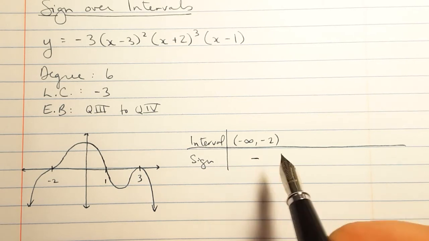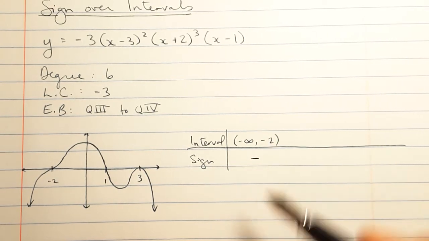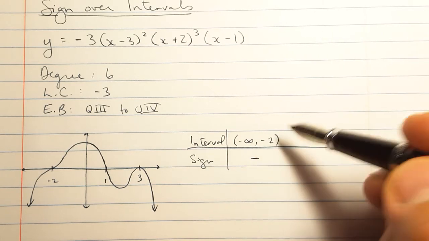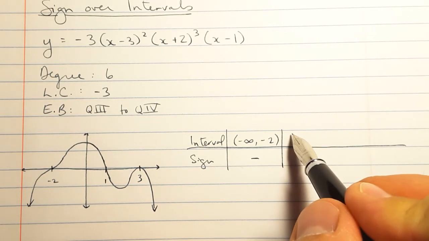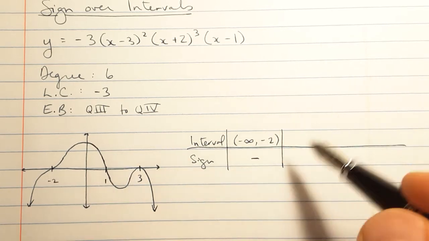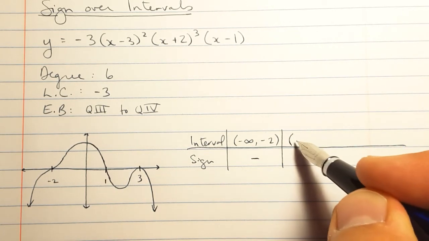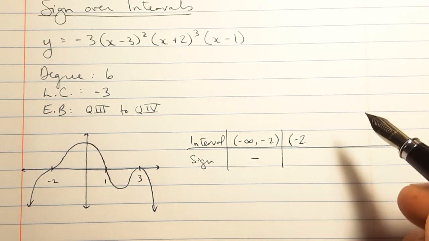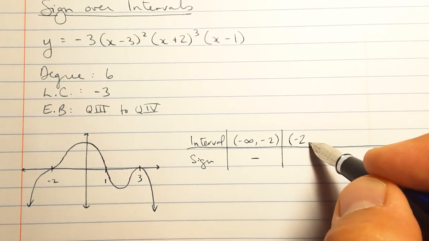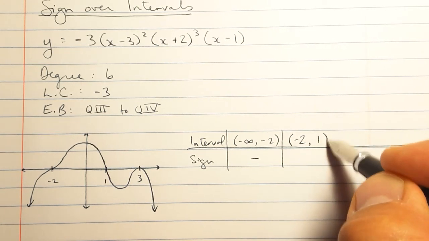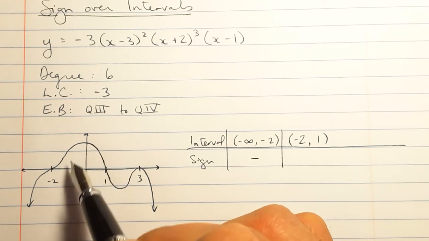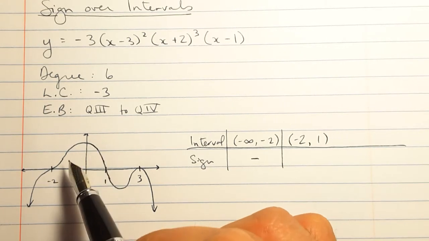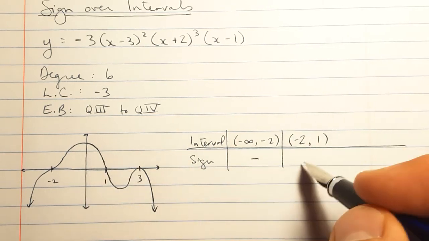So in that interval, the function is negative. And then on the other side of that 0, we're going to go from -2 to +1. And once again, round bracket to say, let's not talk about -2 exactly, just everything beside it, up to +1. And in that interval, we are above the x-axis, so the function is positive up here.